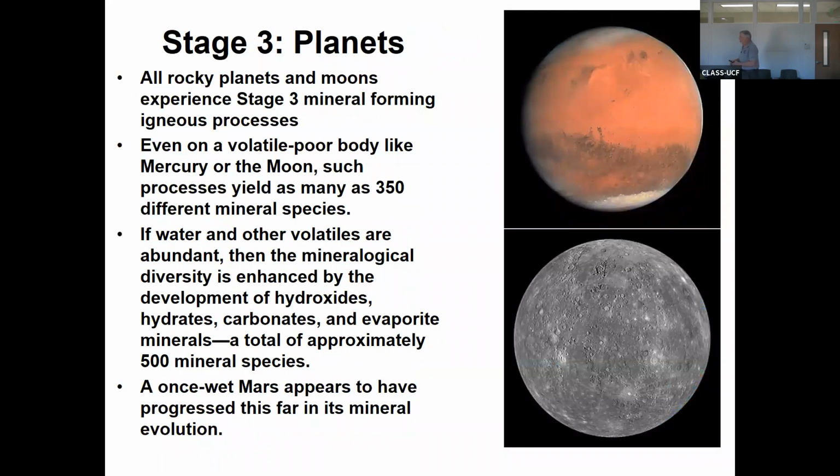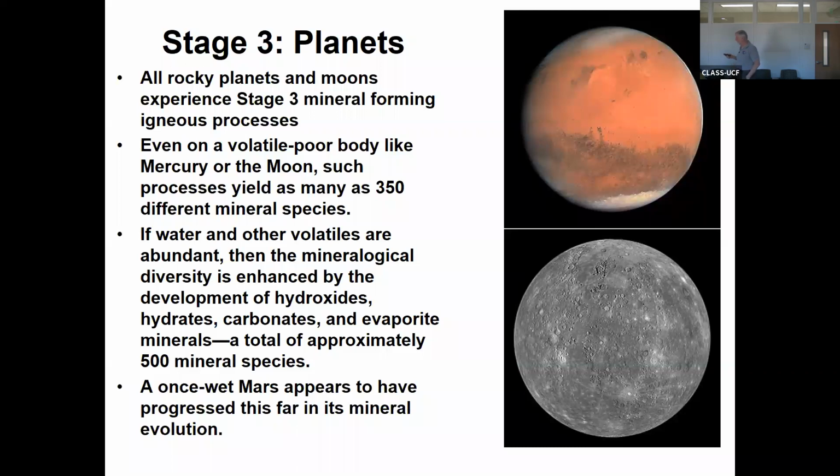So basically all rocky planets and moons have gotten through stage 3. Even volatile-poor bodies like Mercury and the moon, this process is going to give you about 350 minerals. If you get water or other volatiles, you'll get an enhancement in hydroxides, hydrates, carbonates, and evaporites, and you get a total of about 500.